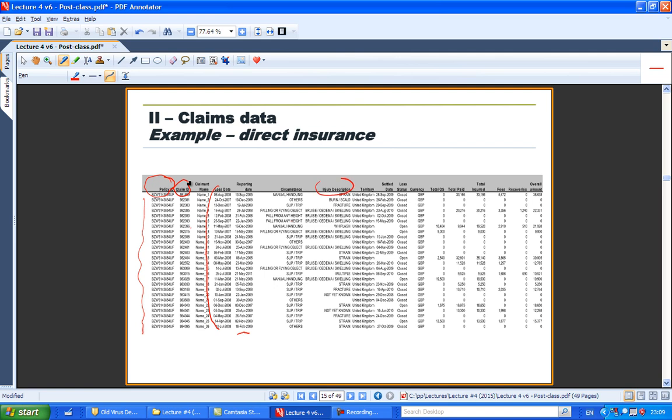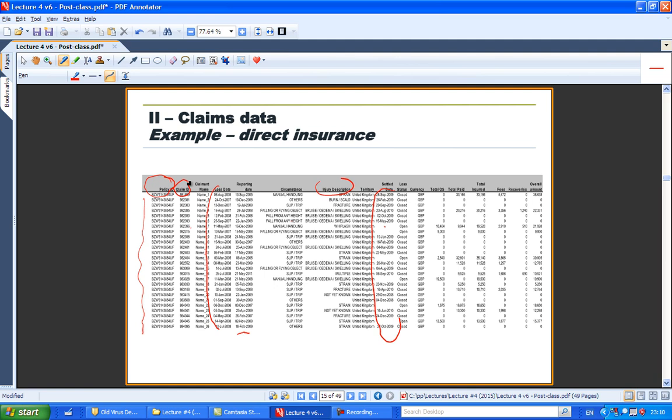That might be relevant when you try to conjecture what type of amount the claim will be, and the territory in which the claim has happened, the settle date, and obviously not every claim has been settled, so some of the rows have been left blank. The status of a loss, here it's quite simple, all the settled are closed and the ones that have no settle date are open, so it doesn't really give you a lot of information.